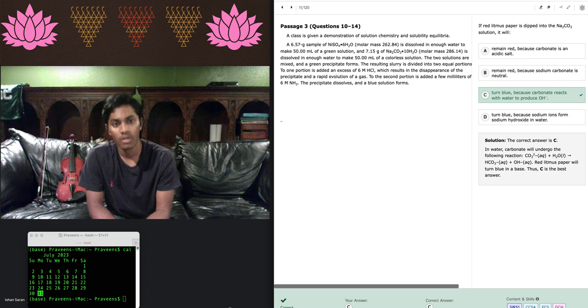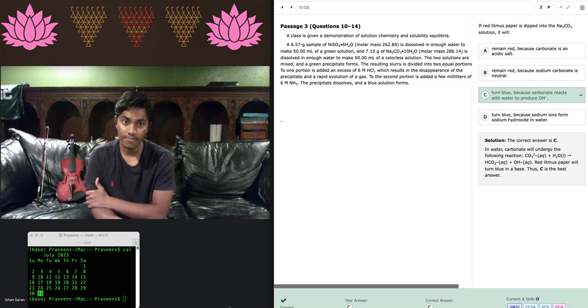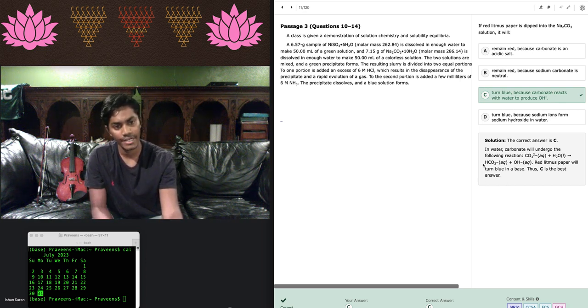So this carbonate ion is C double bond O bonded to two O's, and so it can get a negative 2 charge. Now, we might know from the blood system that in the presence of water, the carbonate will undergo the following reaction.